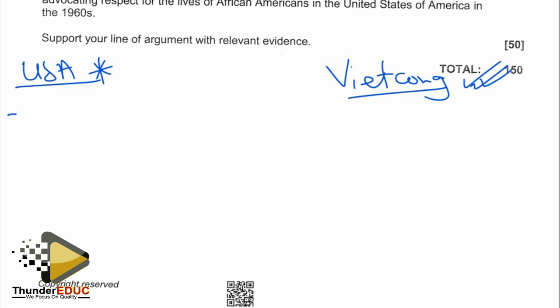So under America, there are so many tactics that were used by the American forces. We can start by looking at operations like Rolling Thunder. Operation Rolling Thunder, we just explained it in passing.